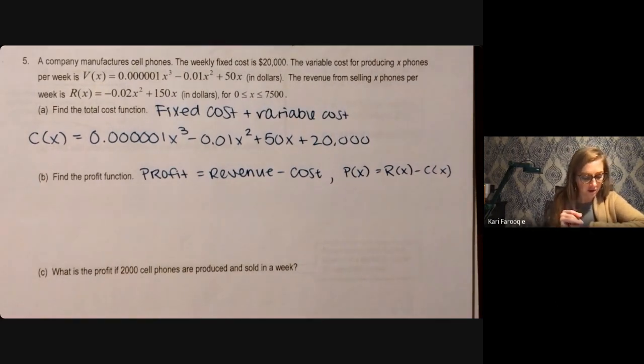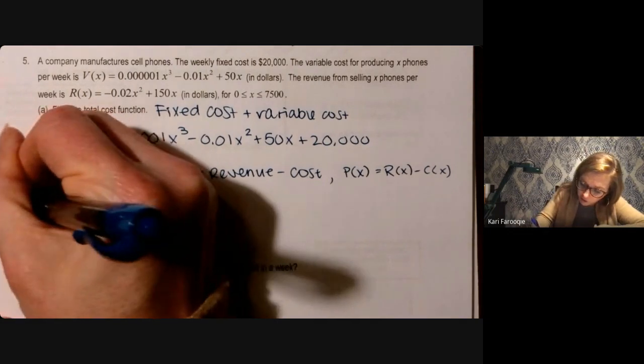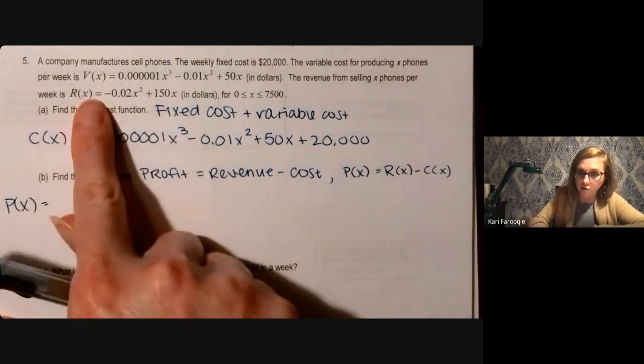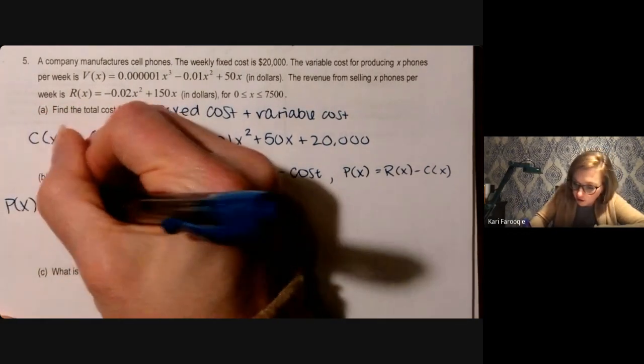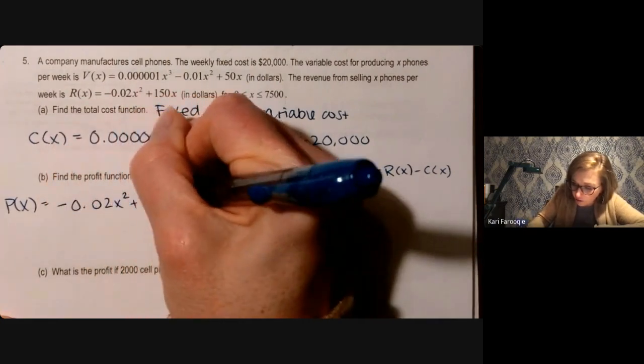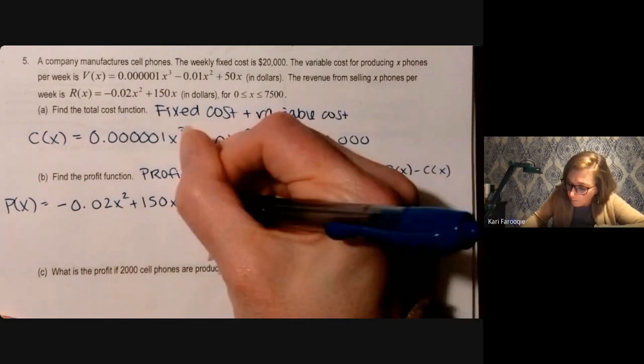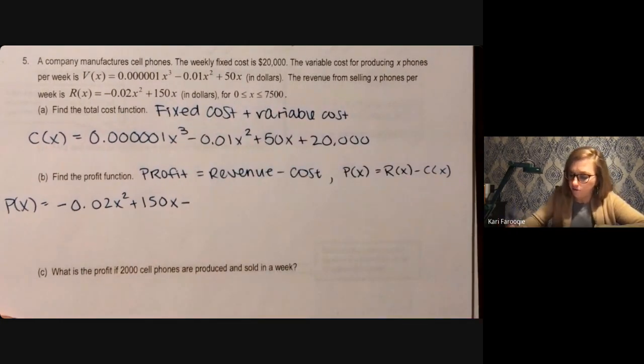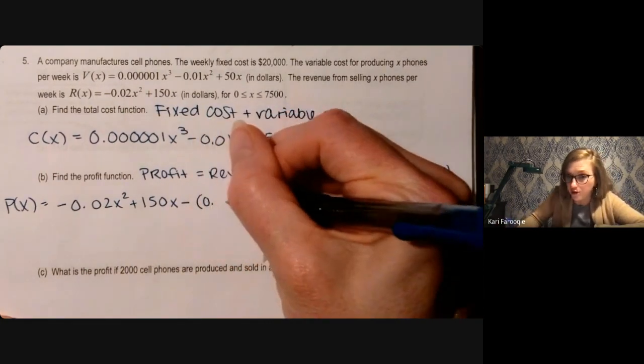All right, so we're going to say that P of X is equal to the revenue minus the cost. So our profit function is the revenue function, which is negative 0.02x squared plus 150x, minus the cost. Don't forget your parentheses.